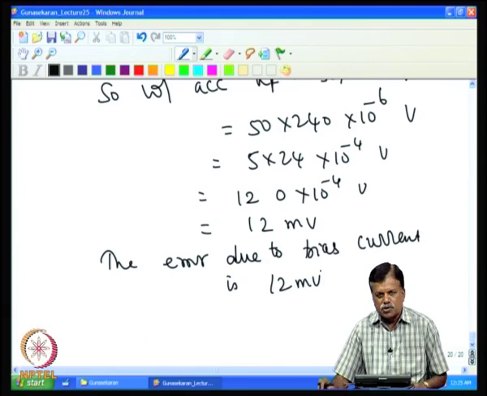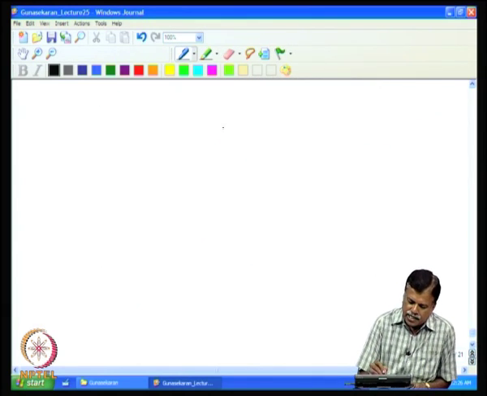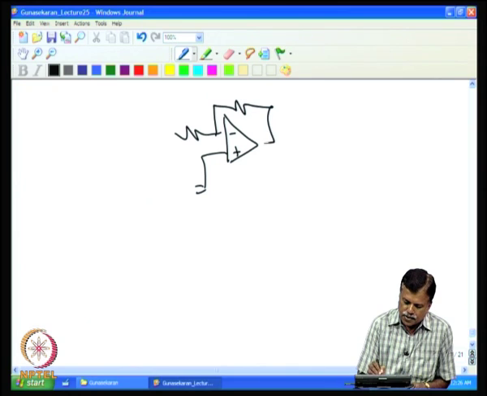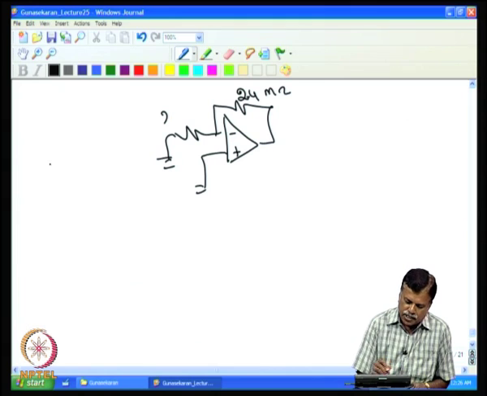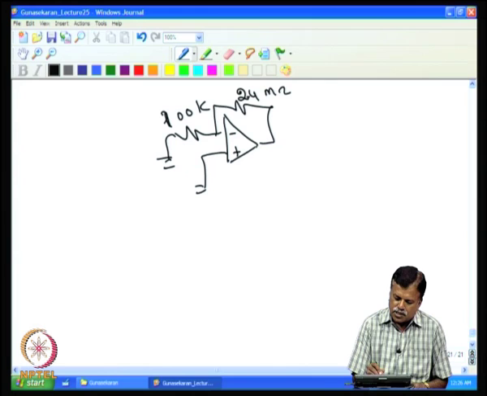For example, if I had used much higher resistances for the same gain of 25, I can also go to 2.4 meg, and 2.4 meg divided by 24 comes to 100 k. This also gives me a gain of 25. But now the resistance used is 2.4 meg.